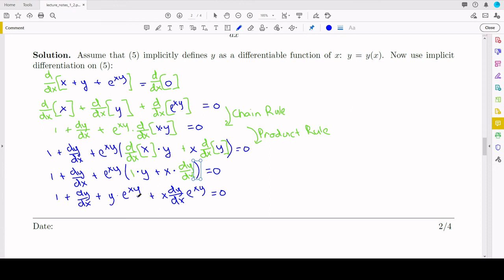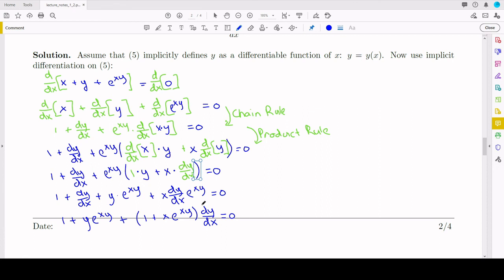And let's combine the two terms with the dy/dx. So I have 1 plus y e to the power xy, and then plus 1, the 1 in front of here, and then plus x times e to the power xy times dy/dx, and that equals 0.